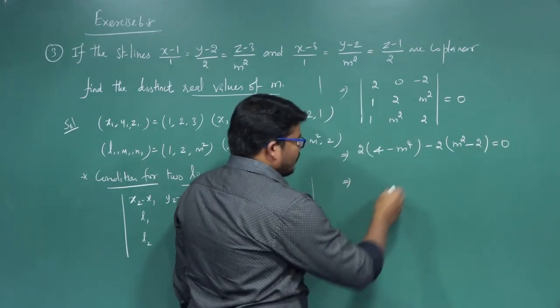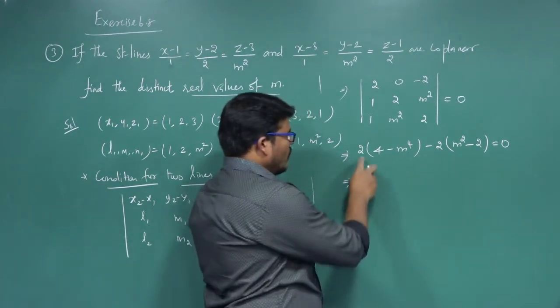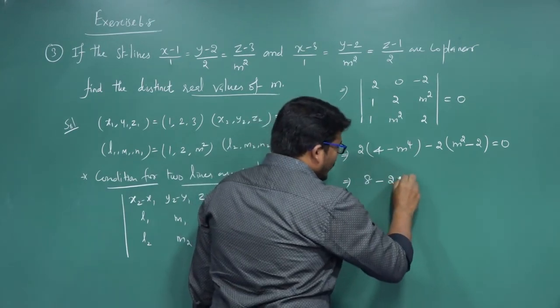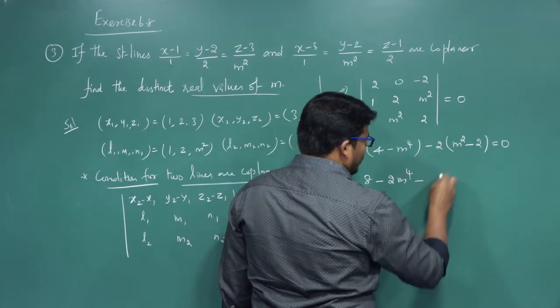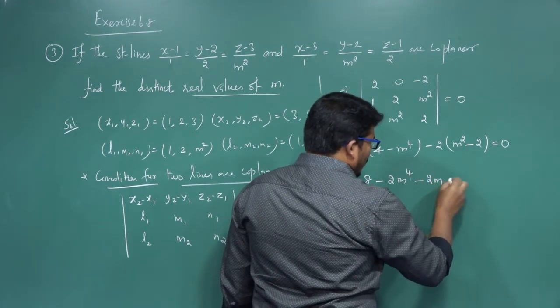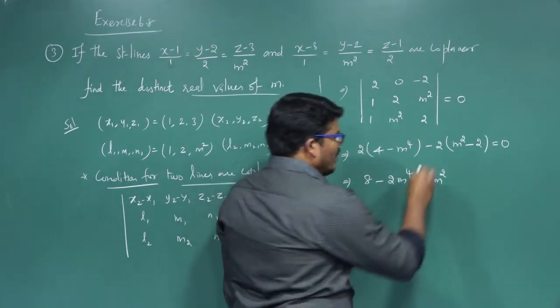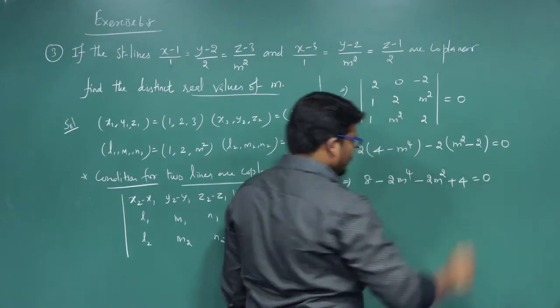That implies 2 times (4 minus m power 4), that is 8 minus 2 m power 4, minus 2 times (m square minus 2), that is minus 2 m square plus 4, equal to 0.